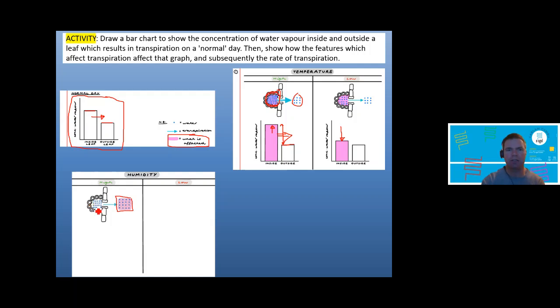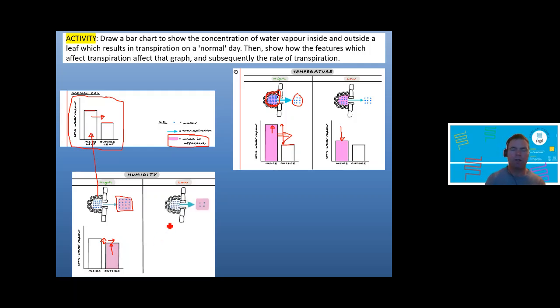Inside hasn't changed. It's meant to be what it was before, but outside has changed. The concentration outside the leaf has increased because it's very humid. It's high humidity. That means lots of water vapor molecules are in the surrounding environment. So there's only a very little difference between inside and outside the leaf, so we're not going to get much diffusion happening of those water vapor molecules.